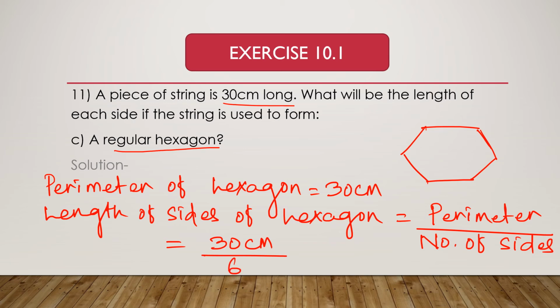Hexagon has 6 sides, so it will be 5 centimeter. So the length of each side if the string is used to form a regular hexagon is 5 centimeter. So the length of the sides of a regular hexagon is 5 centimeter.